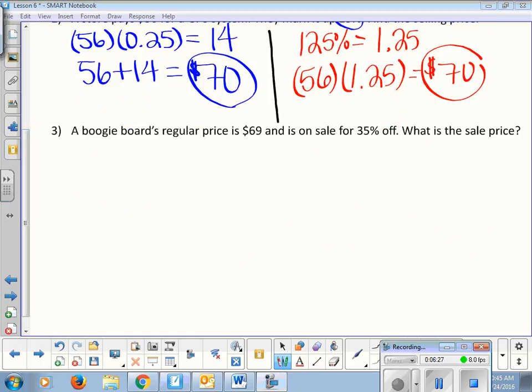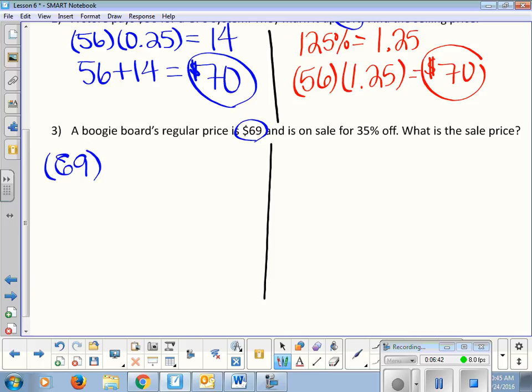Okay, for the third example, a boogie board's regular price is $69, and it's on sale for 35% off. What is the sale price? We take our original price, $69, and multiply it by our percent as a decimal. 35% as a decimal is 0.35.